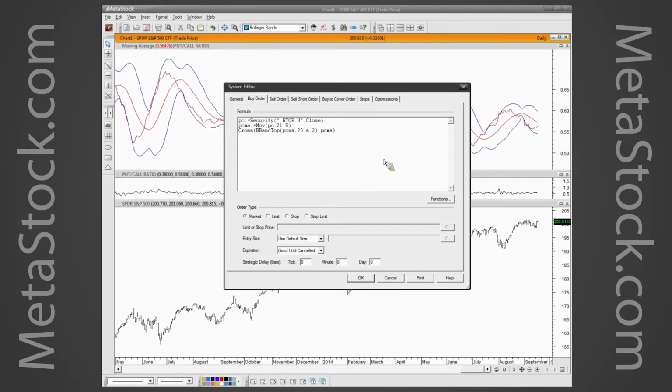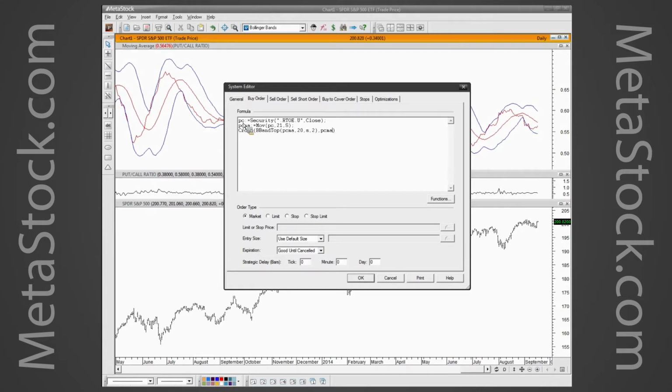This basically completes our formula for our buy order, or for entering the market long when the put-call ratio moving average reaches the upper Bollinger Band and then begins crossing down below it. For our sell formula, we need mostly the same data.